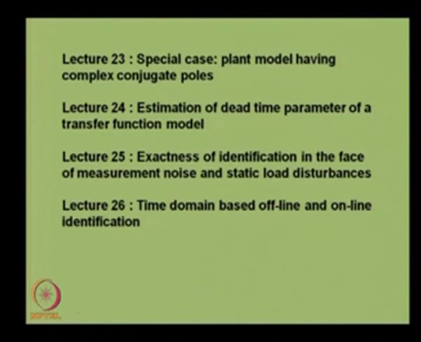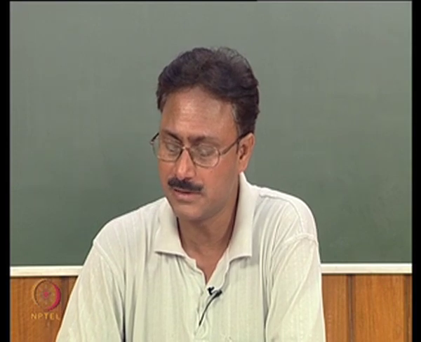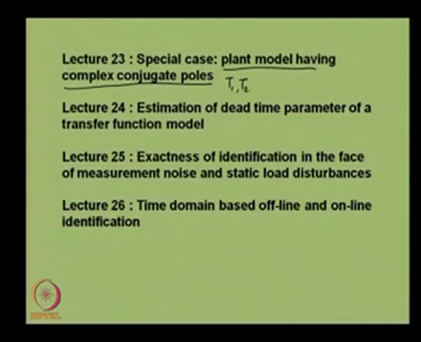Next lecture will also deal with a special case, plant having complex conjugate poles. In this case, when the T1 and T2 we have been discussing so far become complex numbers, the plant model is often given in the form of k e to the power minus theta s over (a s square plus b s plus 1), where b is such that we get underdamped action shown by this type of models.